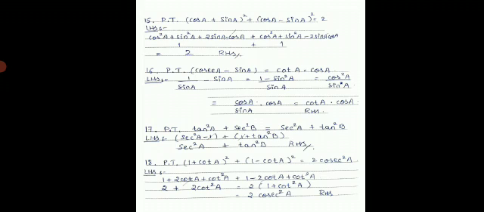In the next step, 2 cot A will get cancelled with minus 2 cot A. It will be left with 1 + 1 is 2, plus cot²A + cot²A will be 2 cot²A. Both can be added. Now 2 is common. Then inside the bracket you get 1 + cot²A. Then 1 + cot²A is nothing but cosec²A, which is the required answer.